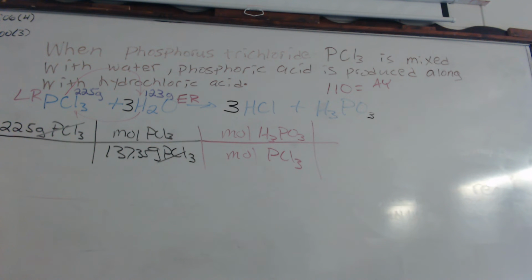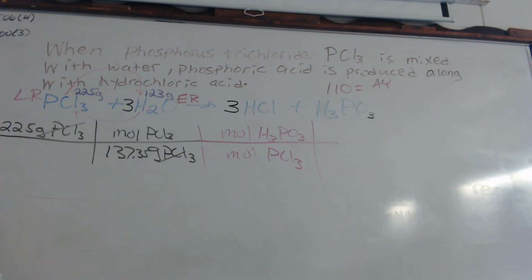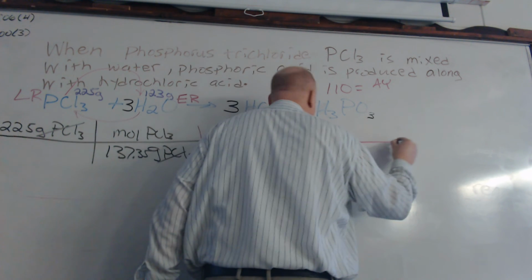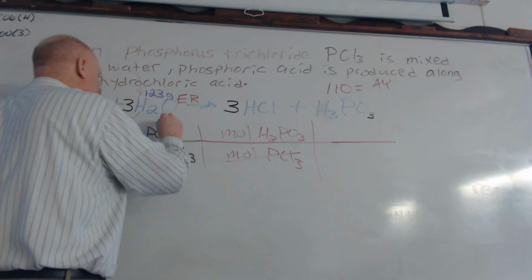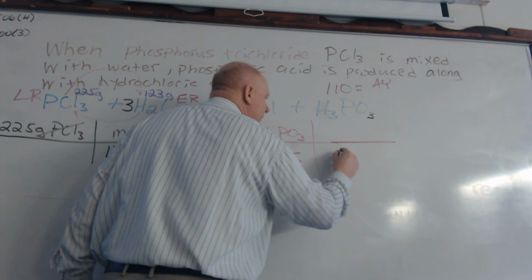Mole on the bottom, and gram on top. No, my point is, are we done with this one yet? Is it 1 to 1? It is, it's 1 to 1. Okay. So that's now gone. So we're in moles of this.